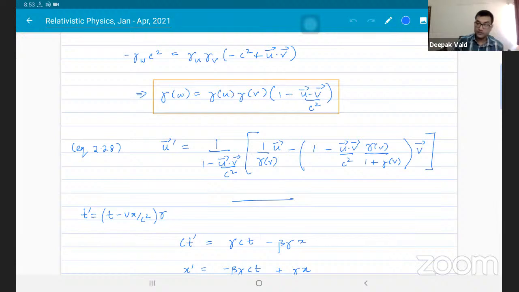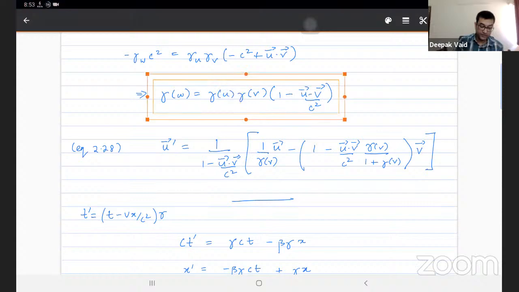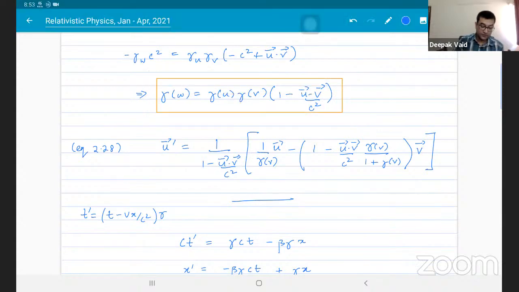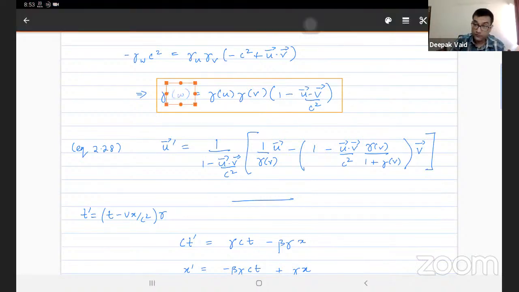So if the velocities of the particles with respect to the external observer respectively are u and v, these are the Lorentz factors of the two particles. Now those two particles will also have a relative velocity. That means if you go in the rest frame of one particle, the other particle will appear to be moving with that velocity, right? That is w.